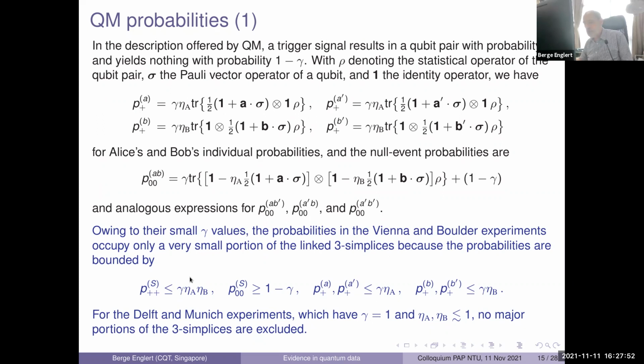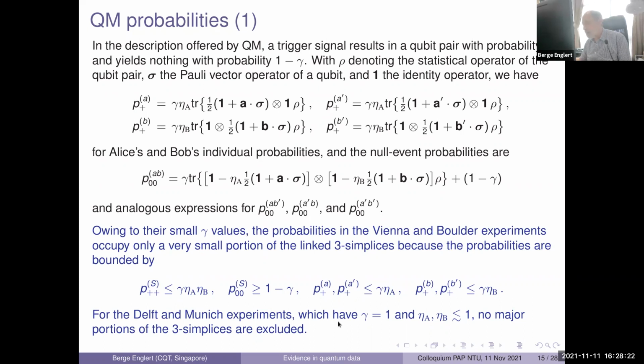And then there are certain constraints that come from these expressions. So this probability for coincidences cannot be more than the probability for having a pair, and then the detection probabilities of the two detectors in Bob. And likewise, you have constraints for the other probabilities that appear in these sets.